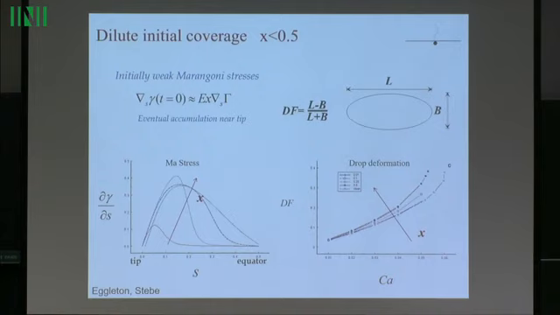And so here again is the clean deformation. This is Barthes-Biesel's version of the Rallison and Acrivos result, her asymptotic expansions. If we look at what happens as we add surfactant, the deformation increases with added surfactant. We now have instincts for this.